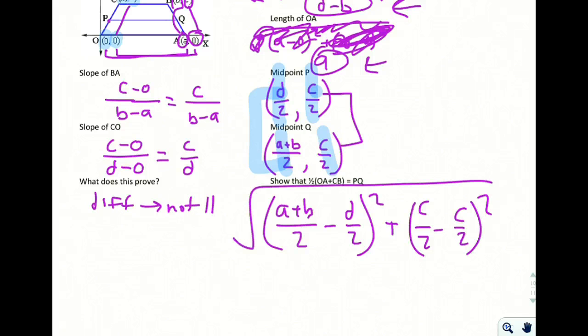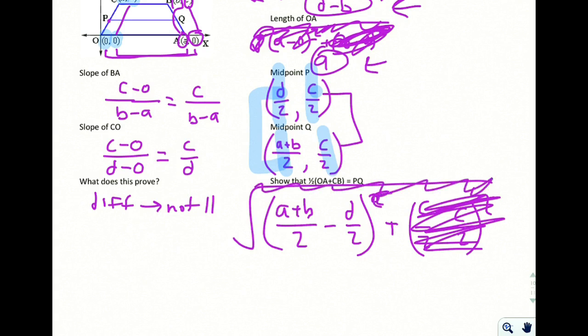plus distance between our y's. Thankfully this is much simpler. C over 2 minus c over 2. Square that and square root that whole thing. Well, c over 2 minus c over 2 is going to be 0, so that goes away. And then square root of something squared cancels each other out.